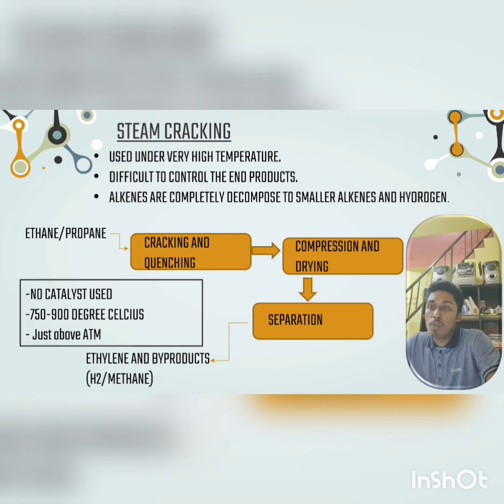After that, it will go for the separation process for the separation of the product that we need and also the byproduct, where the byproduct can be used for the production of another product, or it gets expelled for reasons like having no usages. So the final product that we will get is ethylene and byproducts.